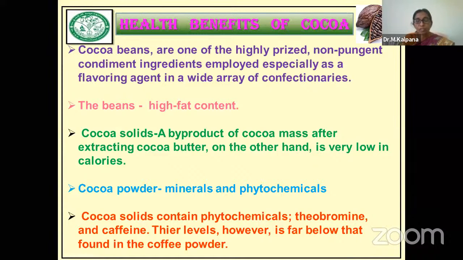After extraction of this butter, they get the cocoa powder, which is rich in minerals and phytochemicals. These cocoa solids also contain phytochemicals like theobromine and caffeine, which is very little when compared to the caffeine in coffee.